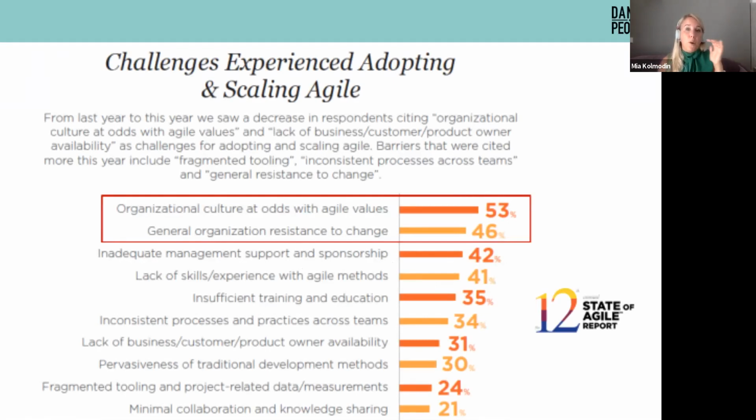So if we have a conflict between different values, that's a very tough conflict to solve. But if we work with that continuously, and we talk about this, and we reflect on this, and we change our behaviors based on this, then we can help overcome this challenge. But this is the top challenge that most organizations have.